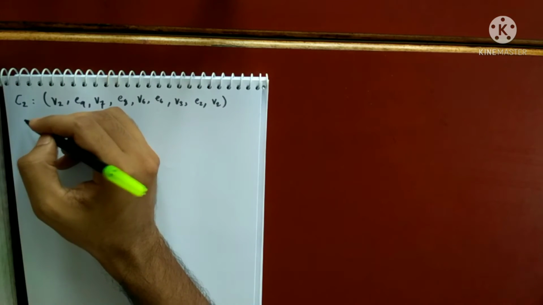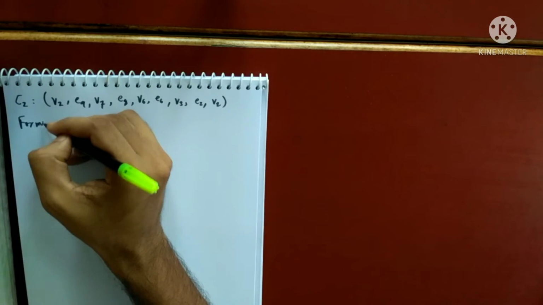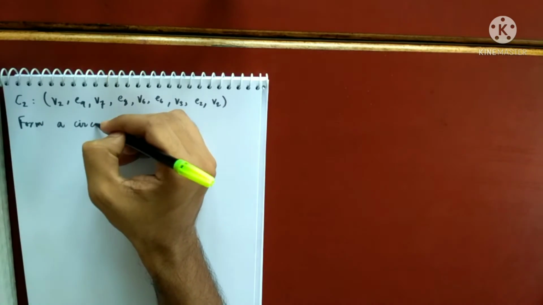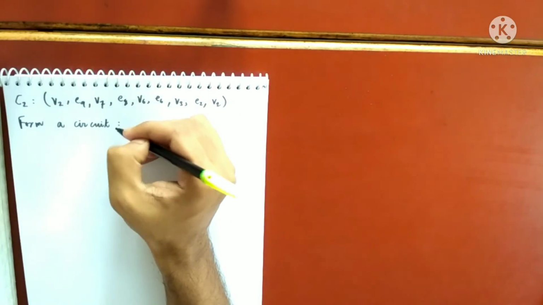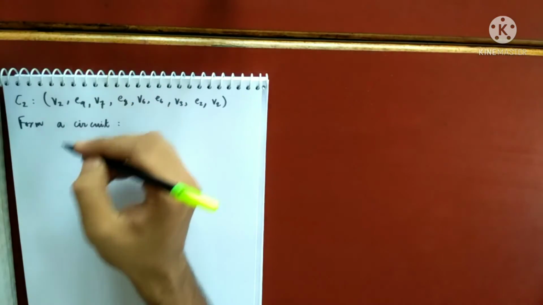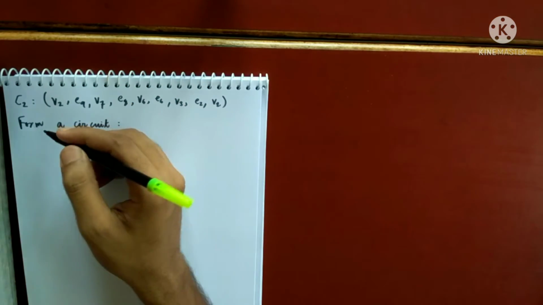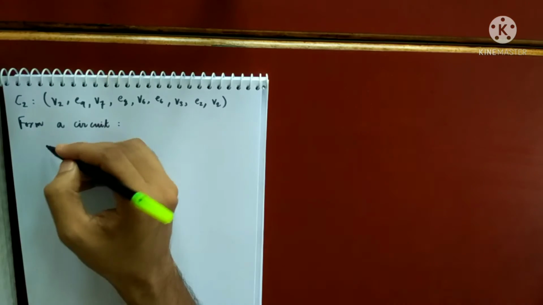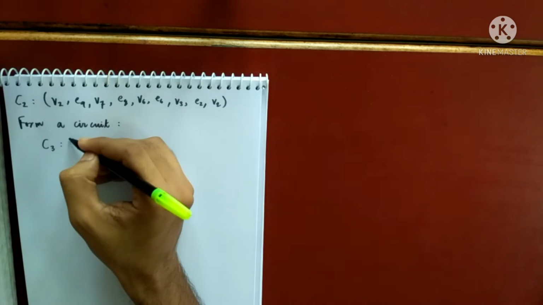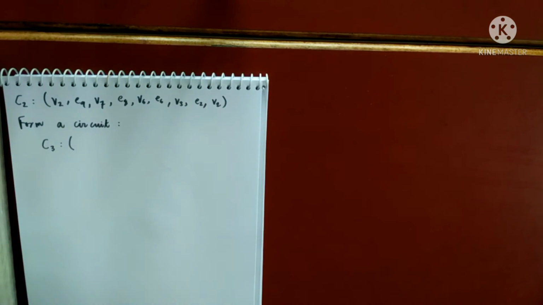With the help of this circuit, form a circuit. This is interesting. Suppose I am calling that circuit C3. So what is this circuit? Now it is very interesting. Try to understand my point.